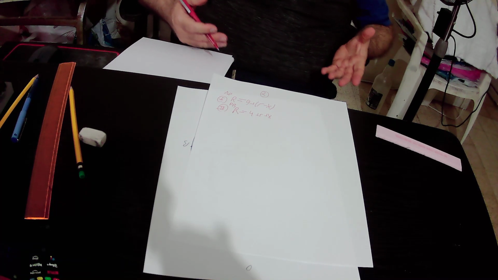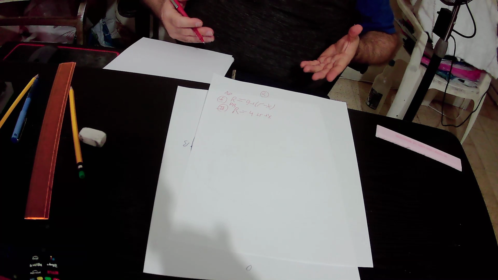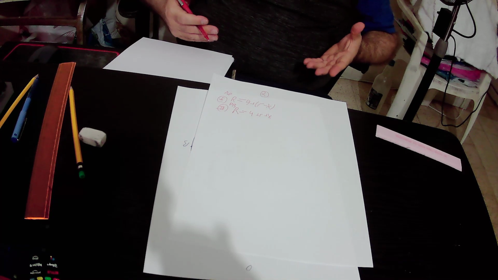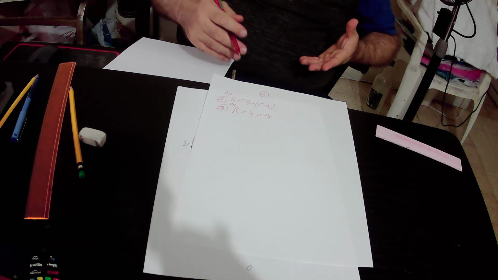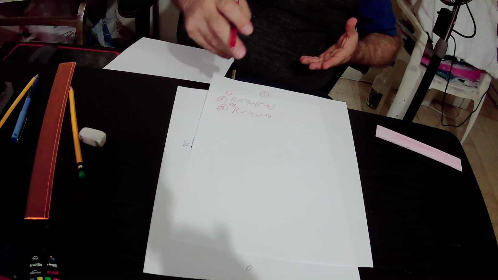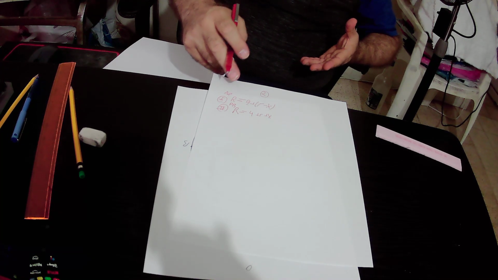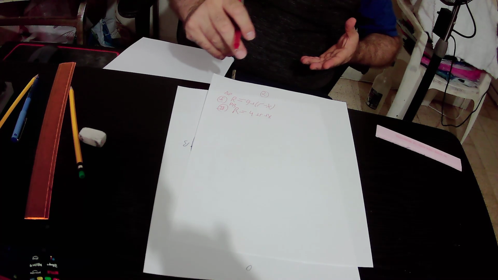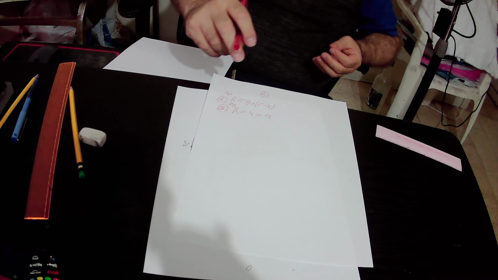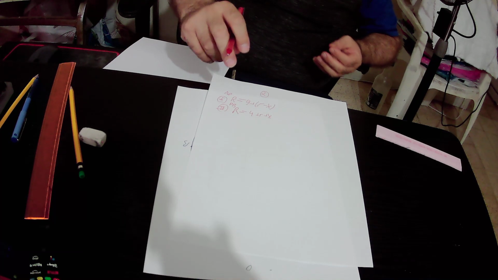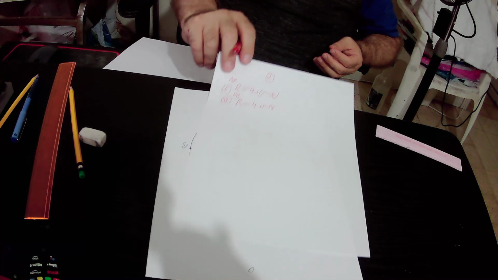Because it is the same radius that has been calculated in two different ways, we can say that equation number 1 equals equation number 2, because both of them are calculations of the radius of the big circle. So we can compare equation number 1 to equation number 2, and in this way we will create equation number 3. Okay?